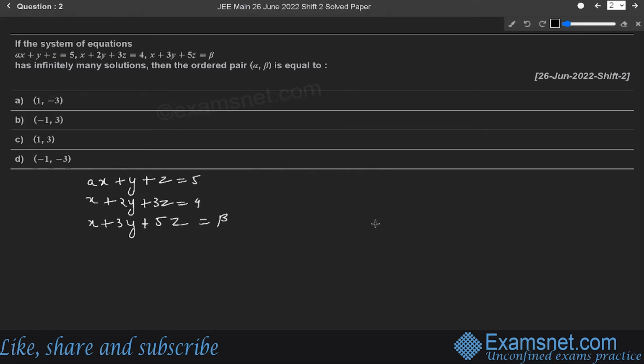Here this is alpha, not A. It seems like A, but it is alpha. So we can say that delta will be equal to its determinant. The determinant will be α 1 1, 1 2 3, and 1 3 5. It will be equal to 0.